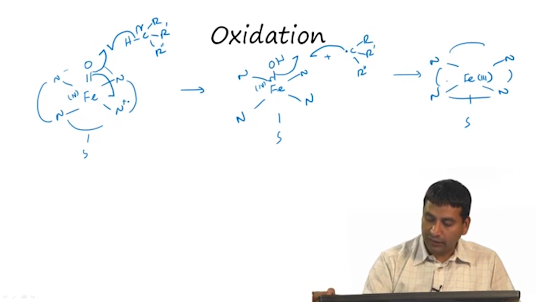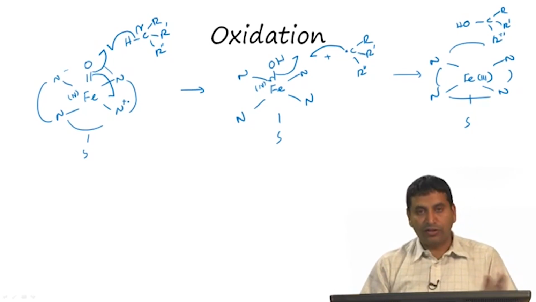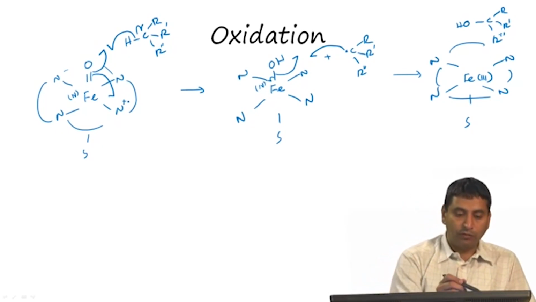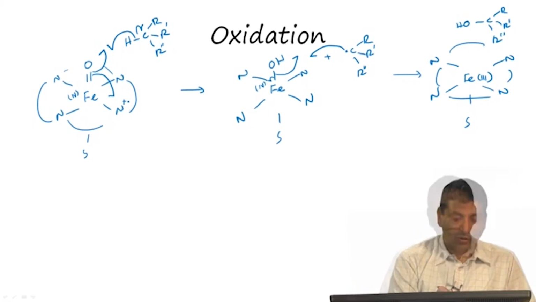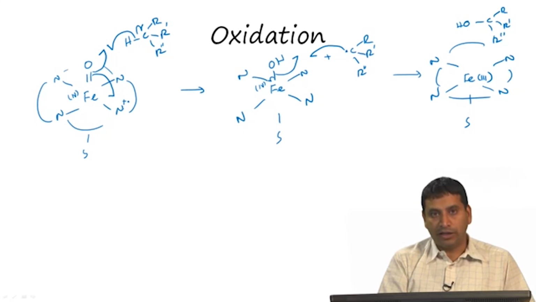Right, and you get OH, C, R, R, R. Okay. So, this is the general principle by which heme dependent enzymes work. In the first step, you have the formation of an iron oxo species, which has a cation radical on it, which then is able to involve itself in radical reactions with an alkane, for example.